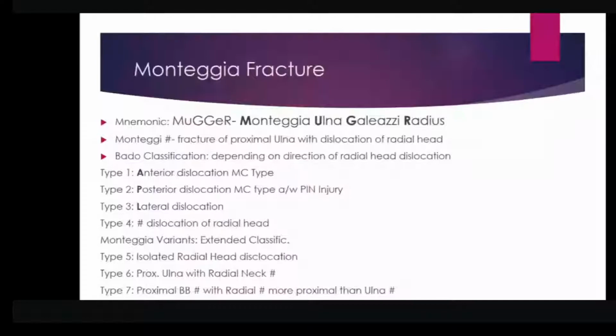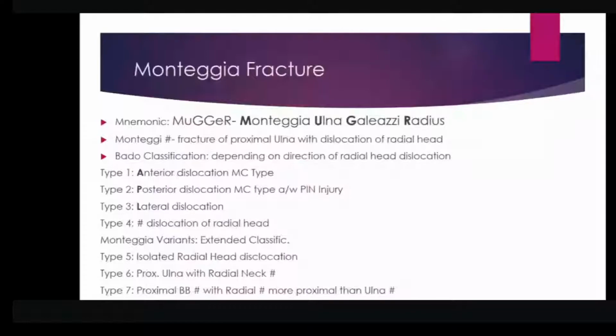In the anatomical position, that is supination of the forearm and elbow in extension, the medial bone is the ulna. So Monteggia is basically a proximal ulnar fracture along with dislocation of the radial head.